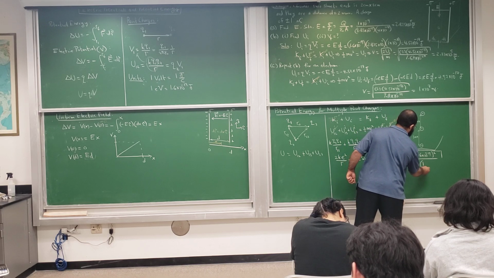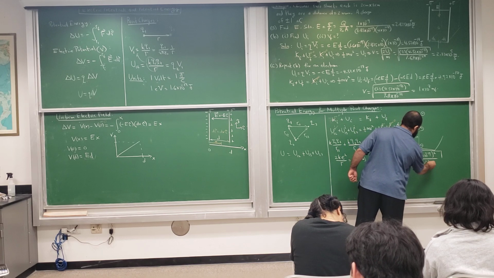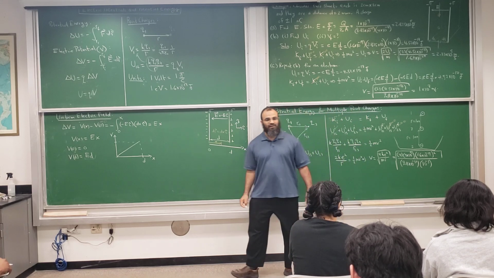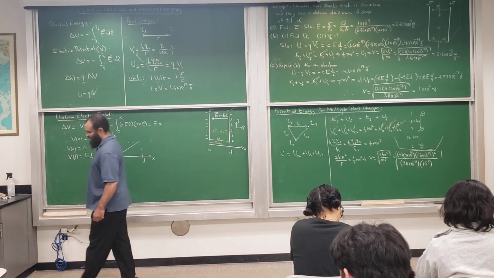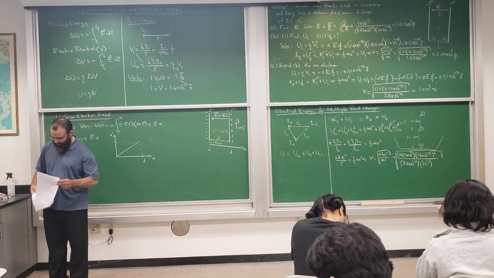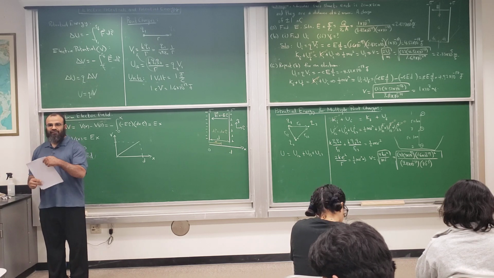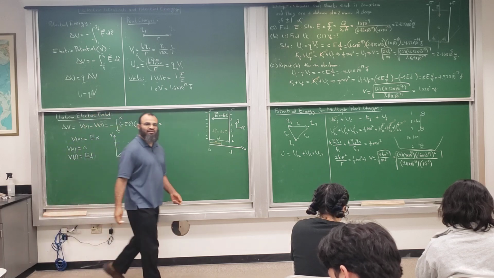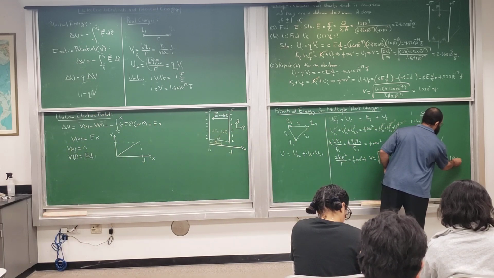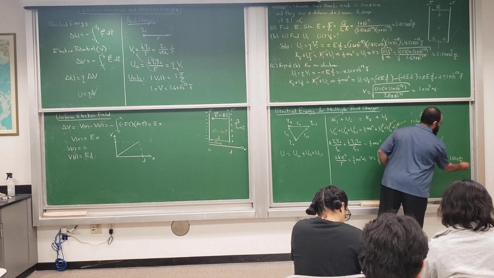A millimeter is 10 to the minus 3, right? If you plug in all the numbers, I think it was 1,000. It was 1,006. So I'll just write the number. So just 1,000 meters per second.